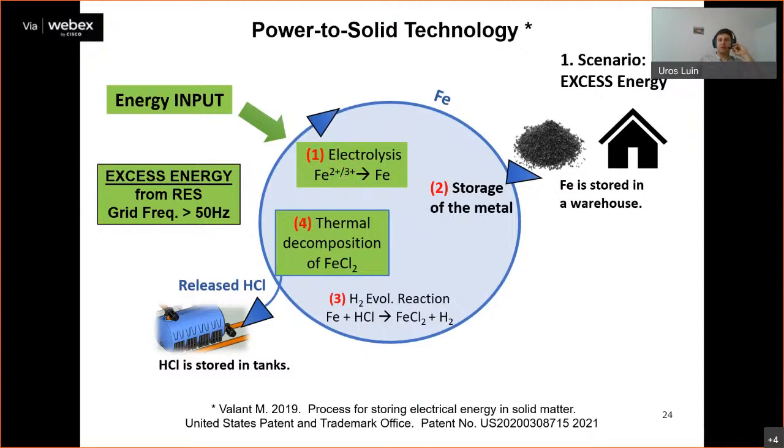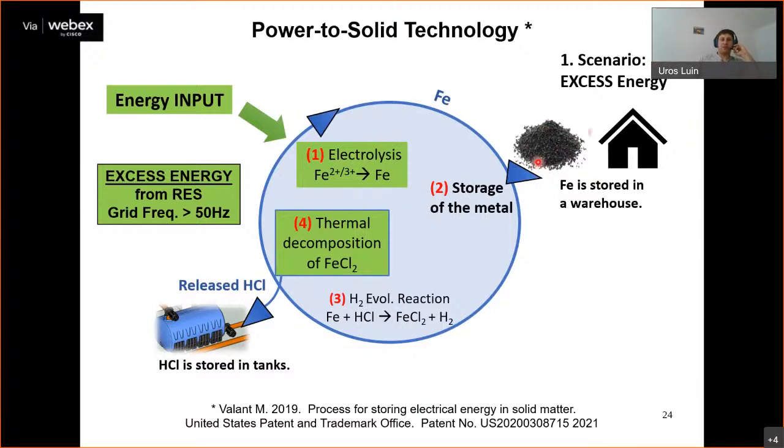So we basically reduce the iron ions, cations, back to iron, as we know from everyday. So metallic iron with zero state. Basically, we get as a product a solid material that is metal. So you can think about iron powder.